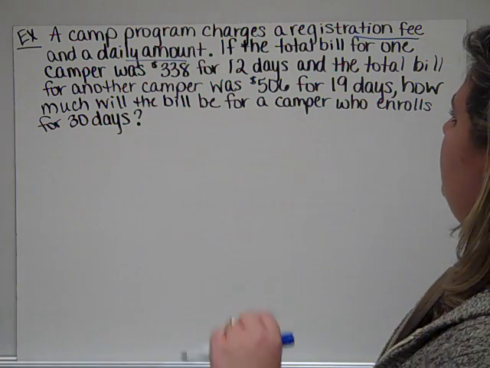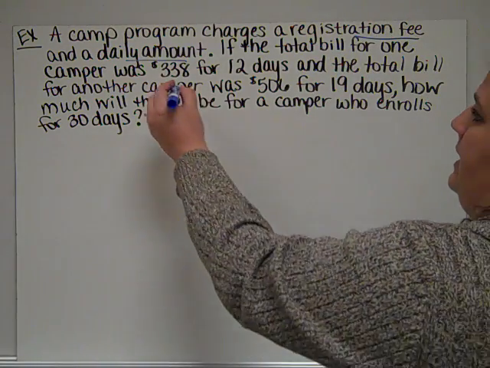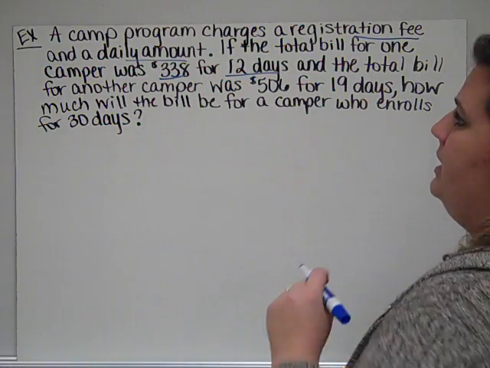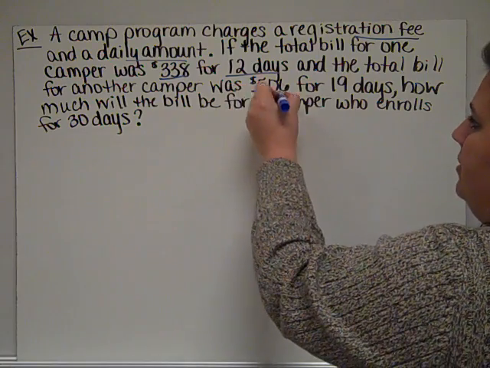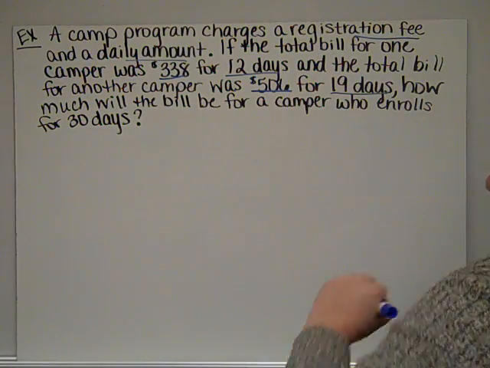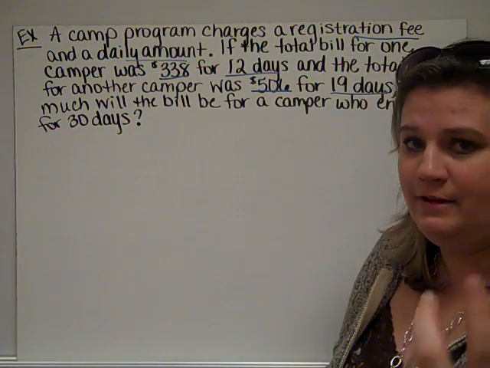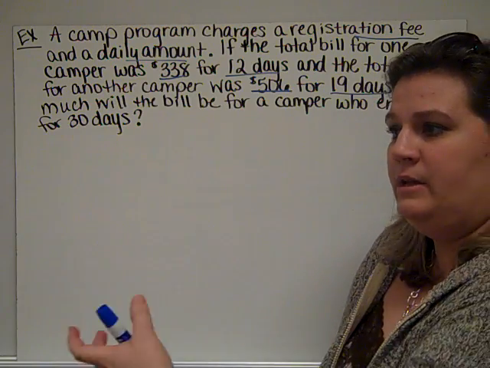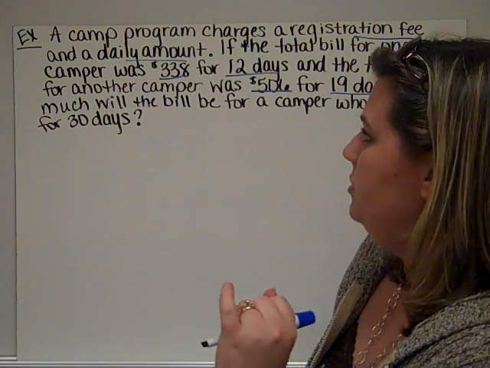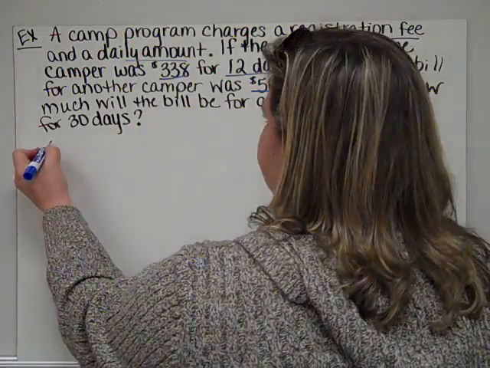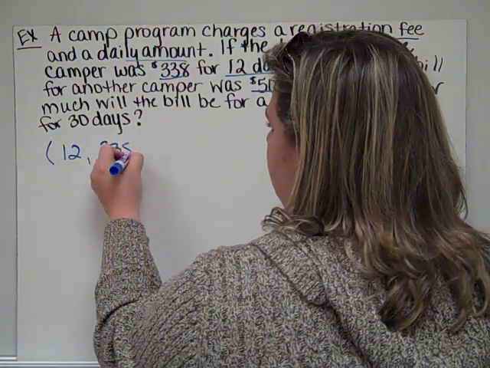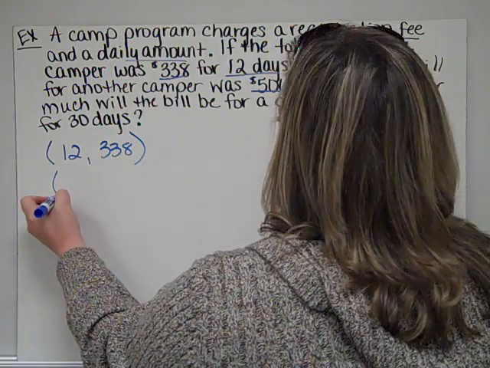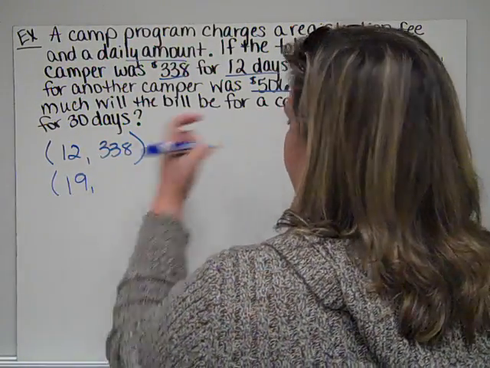If the total bill for one camper is $338 for 12 days, and the total bill for another camper is $506 for 19 days, you can see we have time in days and we have cost. So there are our two relationships: 12 days at $338, and 19 days at $506.